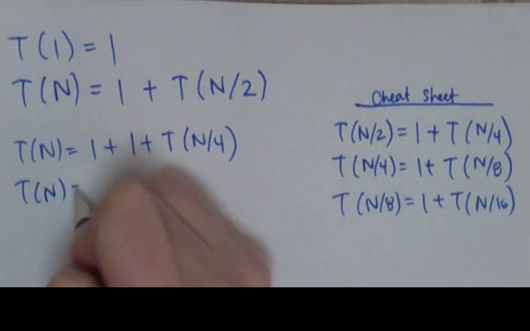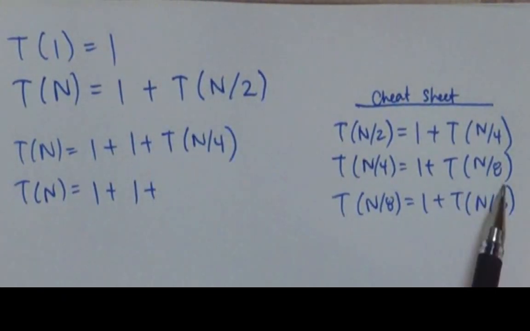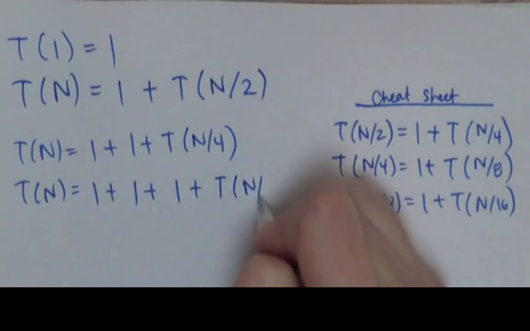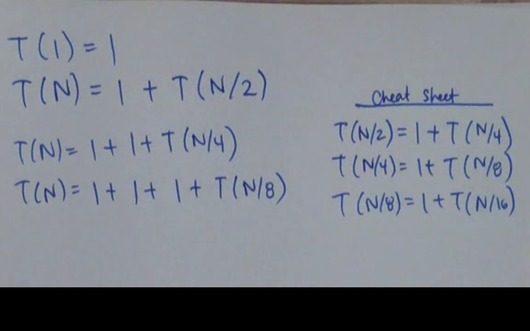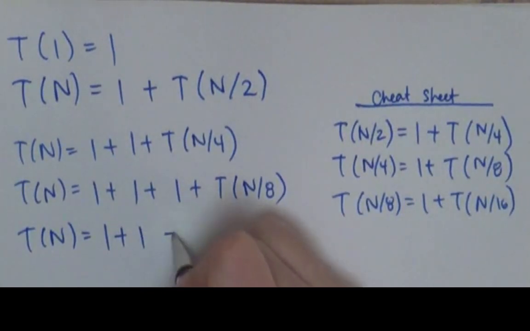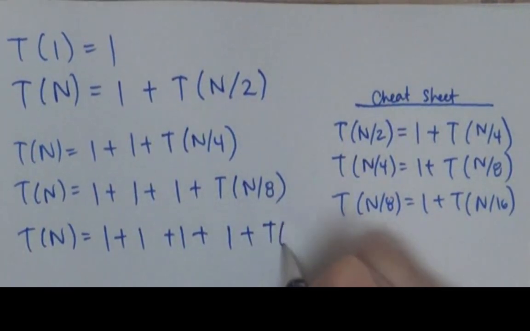T of n is equal to 1 plus, and now I write 1 plus 1 plus T of n divided by 8. I think we can keep seeing where this is going, but I'll plug one more in. I see T of n is equal to 1 plus 1 plus 1 plus 1 plus T of n divided by 16.